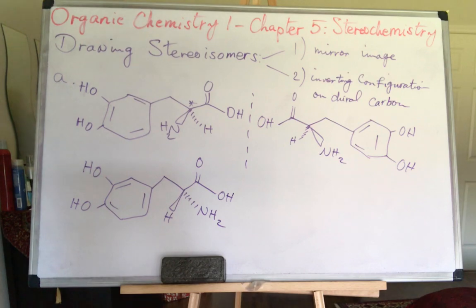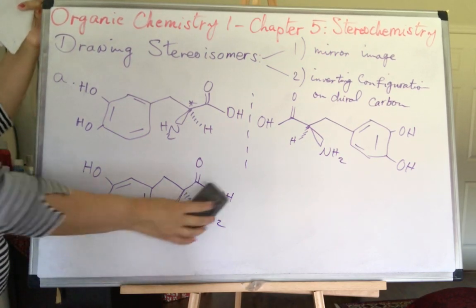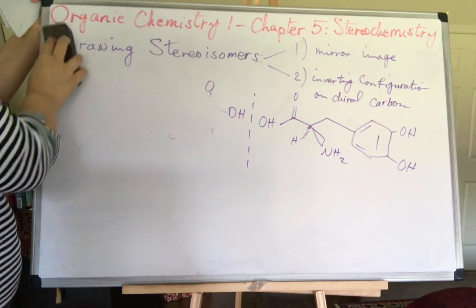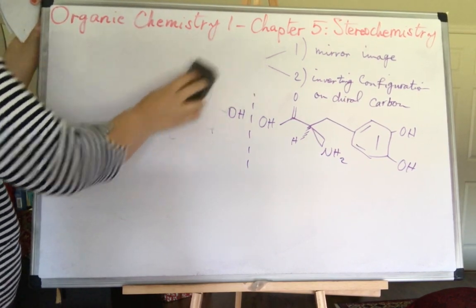Okay. Now, we are going to name or label our chiral carbons. You remember we talked about cis and trans before. Now we are using another type of stereoisomer labeling. We call them R and S configuration.